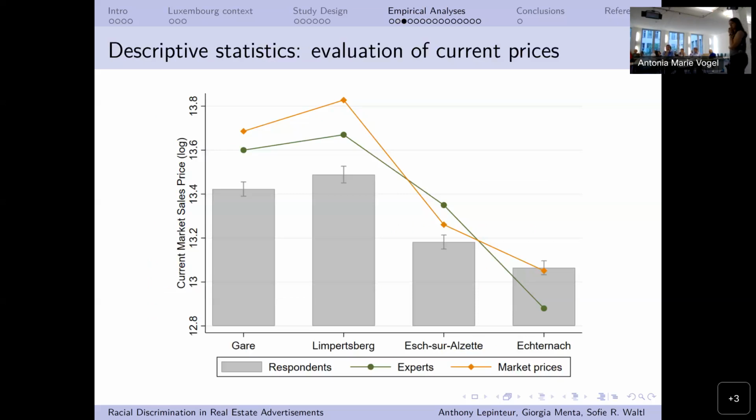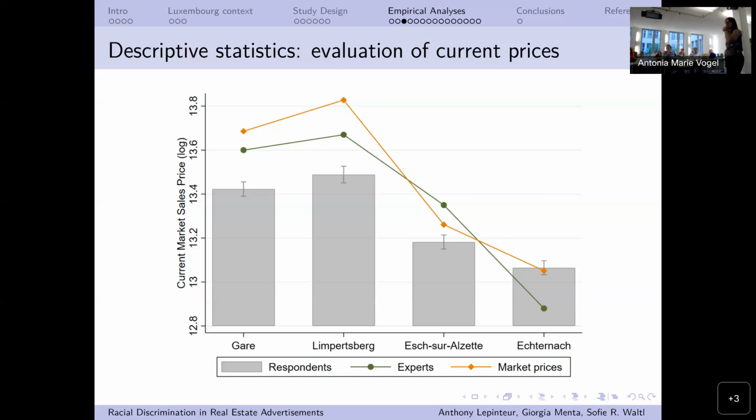So first, a plausibility check, when we merged the valuations by location, which was the main differential between these advertisements. People are not bad, actually. They all got it, that good locations should have higher prices and so on. And in relative terms, they matched quite well what experts said. By experts, we interviewed real estate agents: how much do you think are these properties worth?